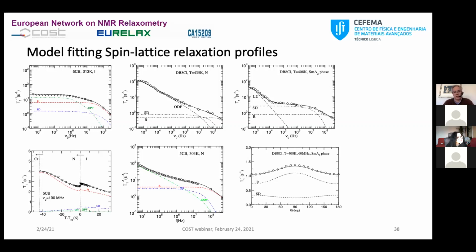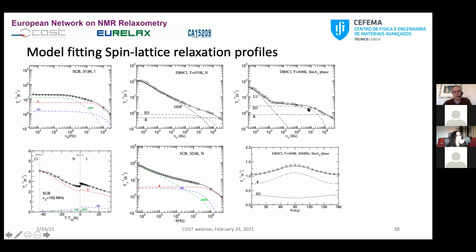The question is that we have to include in the analysis not only the information for this particular system, but also for systems which bear some similarities with it. For instance, if we look at the data on this side, we could have two contributions: rotations and diffusion.